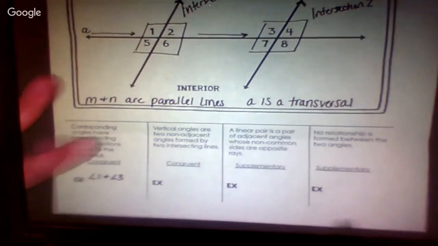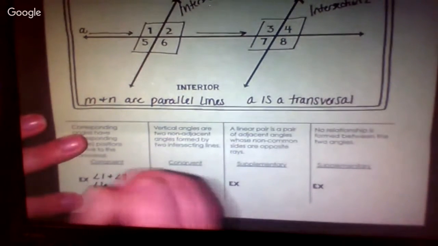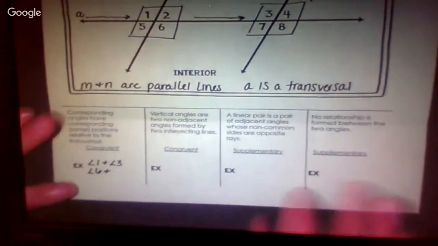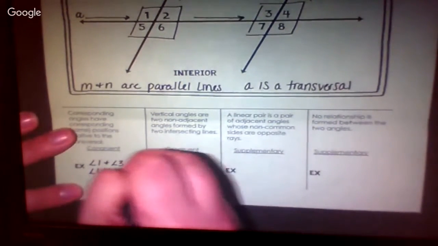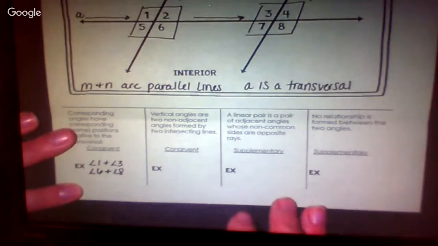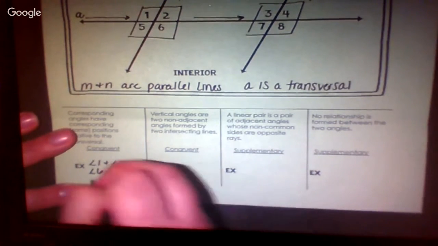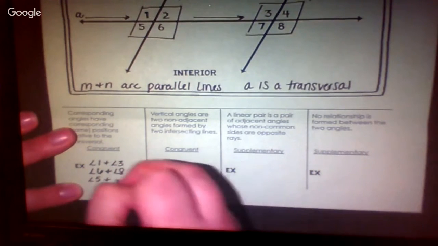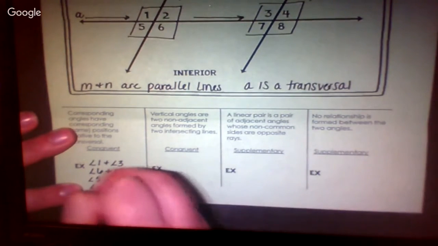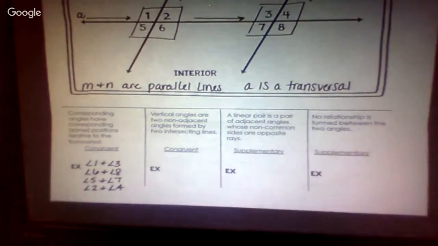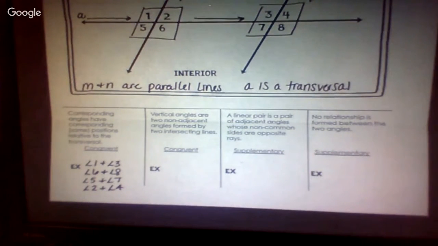They're in the same positions. So if I gave you angle 6, angle 6 goes with angle 8. Bottom right, bottom right. So what else can I pair? 5 and 7, and 2 and 4. So when you're thinking corresponding angles, create yourself some intersections.